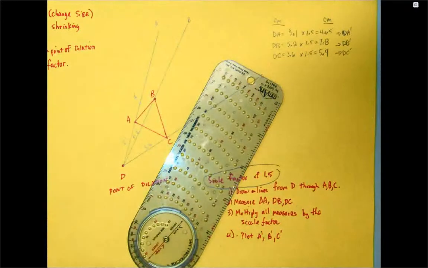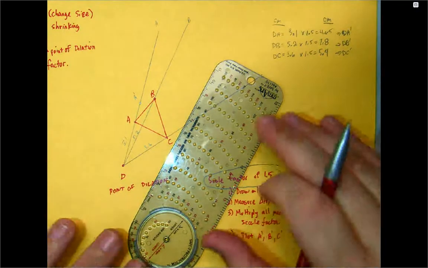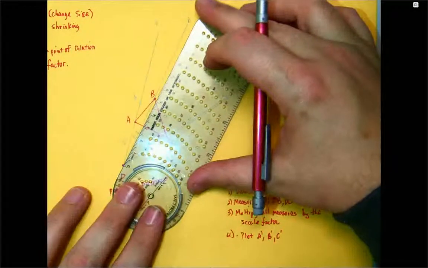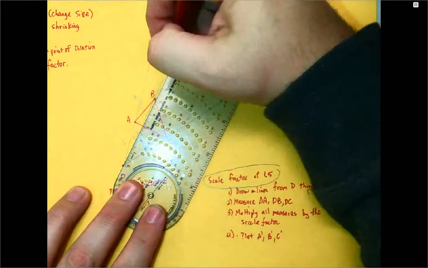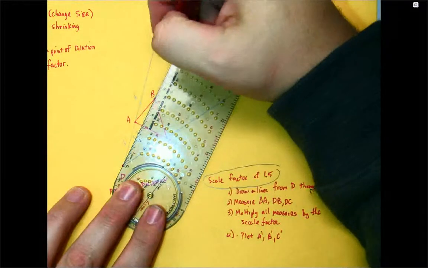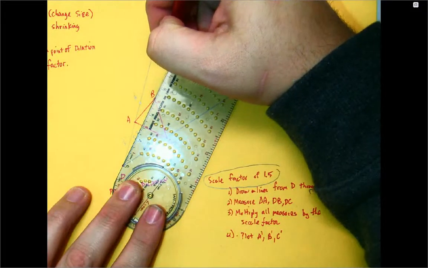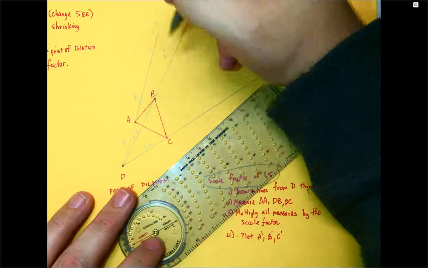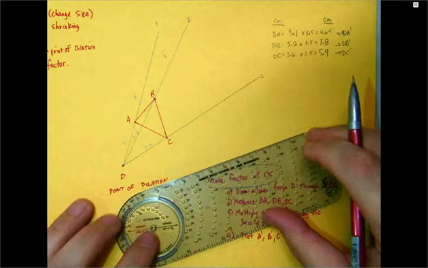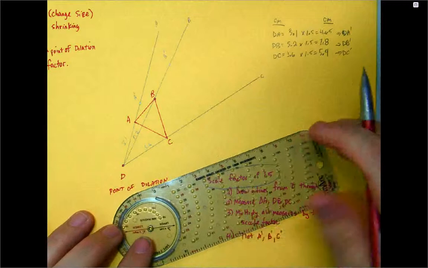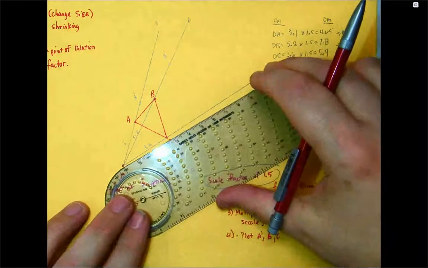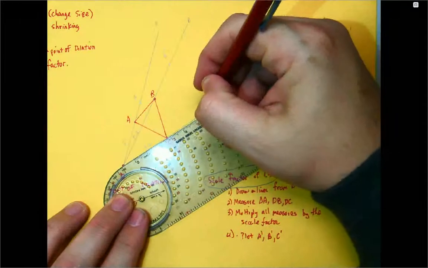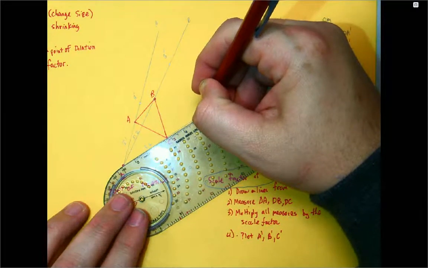DB is 5.2, so I need to go to 7.8. So there's the 0, 7.8. There's B prime, and C was 3.6, so I have to go to 5.4. Which is C prime right here.